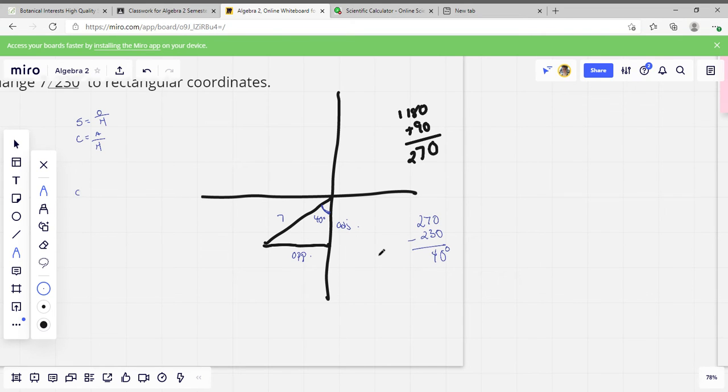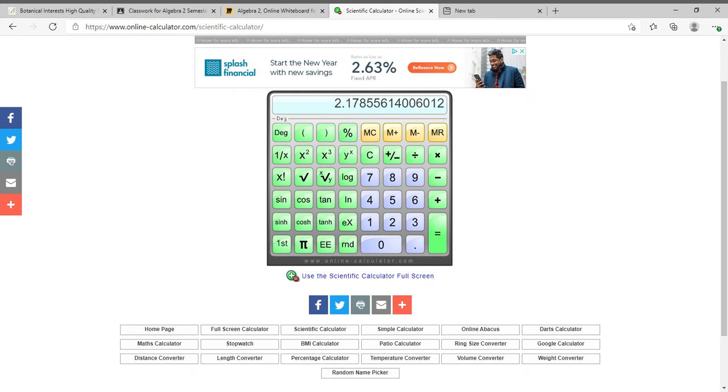So we could say cosine of 40 degrees equals adjacent over 7. So then we multiply times 7 and we multiply times 7. And our adjacent is going to be the cosine of 40 degrees times 7.